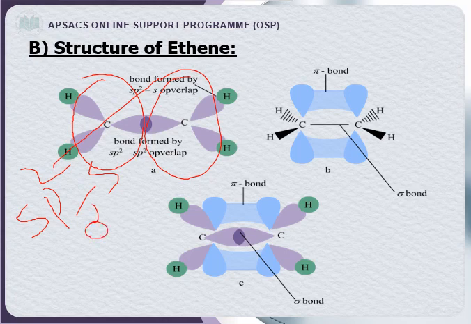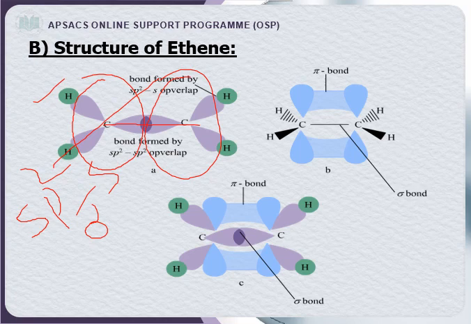For the second one, same as here, sp2 to s overlap. Similarly on the other side with the other carbon, there are two sp2 to s overlaps. While in the center, the two carbon atoms join together by means of sp2 to sp2 overlap. All these show sigma bonds. Now in total, we have assembled only hybridized orbitals, right?